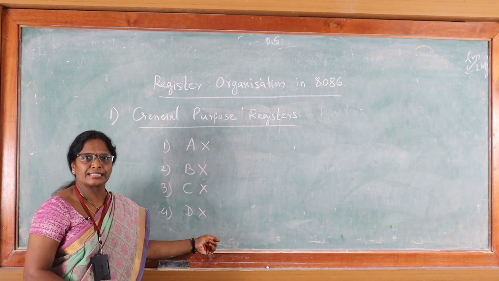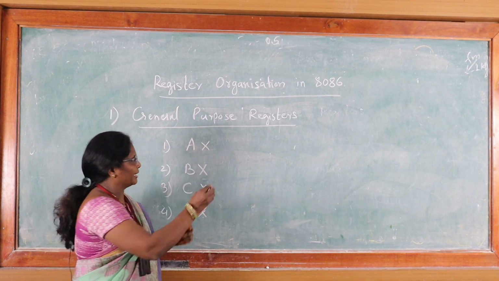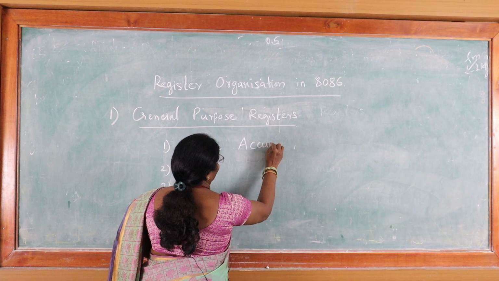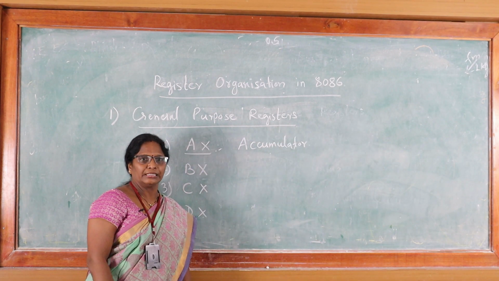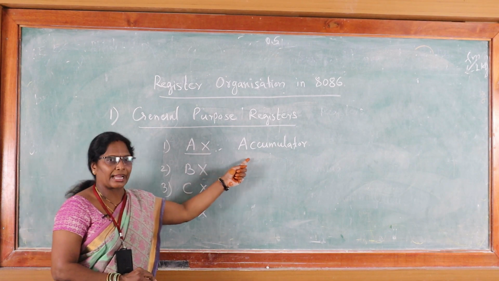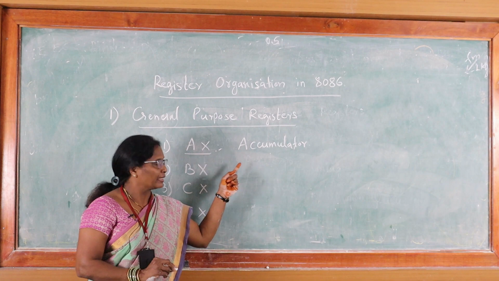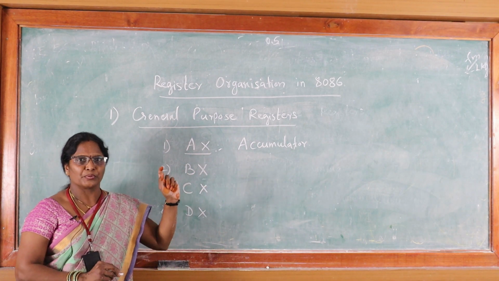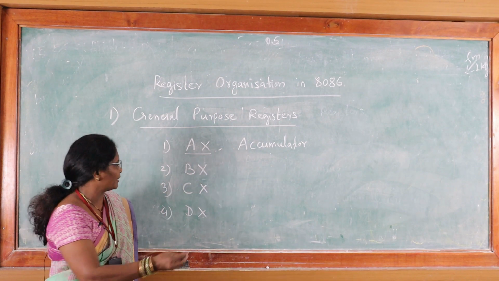All these registers are 16-bit in size. So what is AX register? It is the accumulator. AX register is known as the accumulator, and this register is used as a destination register. It means whenever any operation is performed, the result is stored in the AX register, that is the destination register.